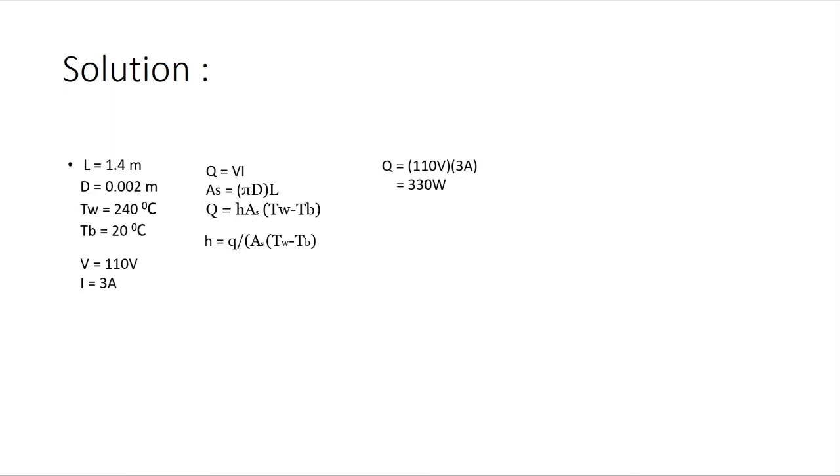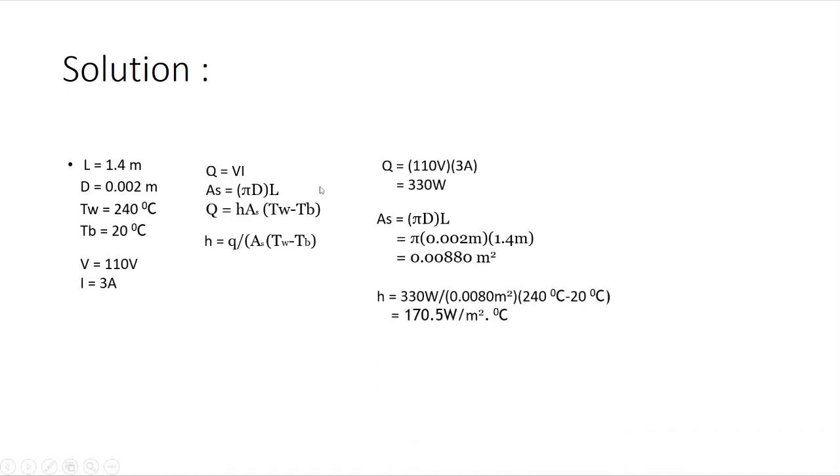So we first calculate Q: 110 volts times 3 amperes equals 330 watts. Then we calculate the area, pi d times L. Pi we leave at the outside, then the diameter 0.002 meter and the length 1.4 meter. After you have calculated, you will get the answer 0.0088 meter squared.